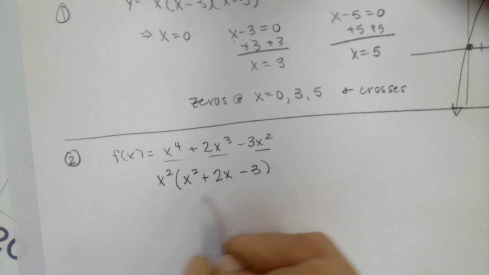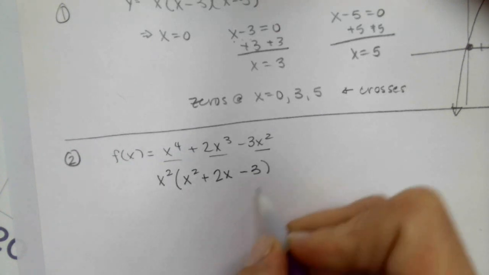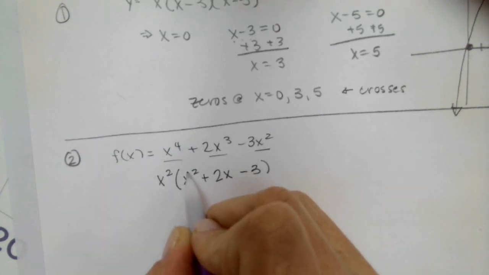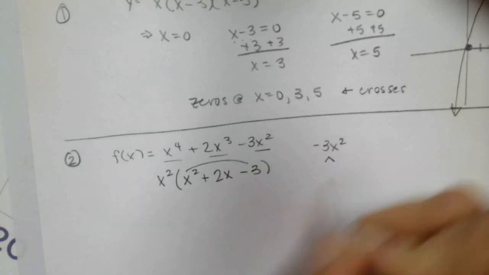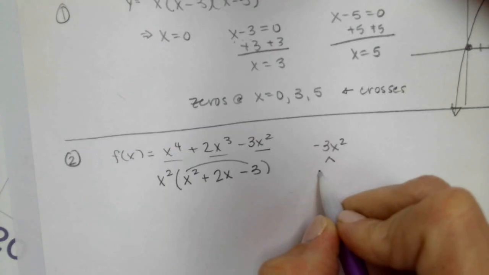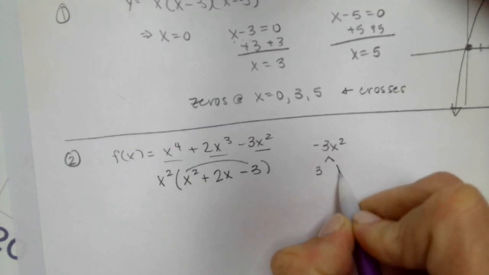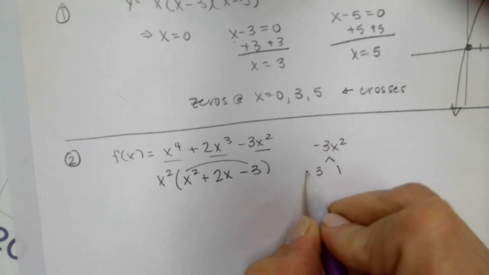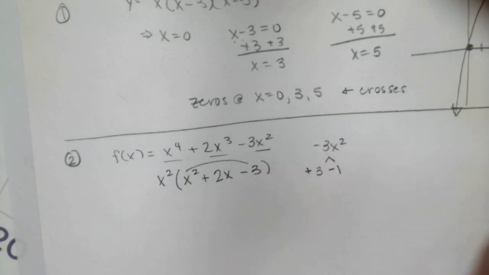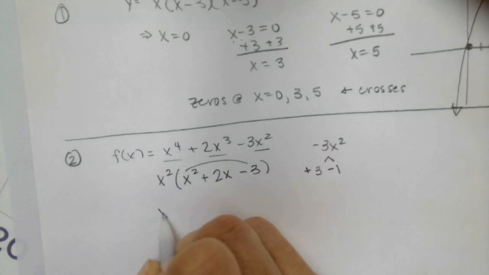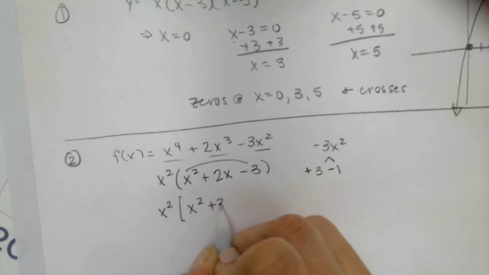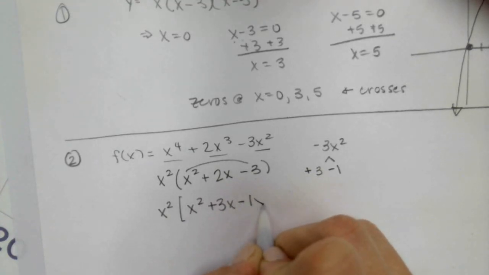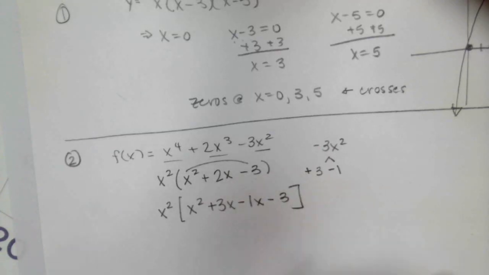Then I need to see if I can factor this. And I can, because factors of, do the AC method, negative 3x squared, that are going to give me 2x. I can do 3 and 1, and in order for that to be positive, that would have to be positive, and that would have to be negative. So then I have x squared times x squared plus 3x minus x minus 3.